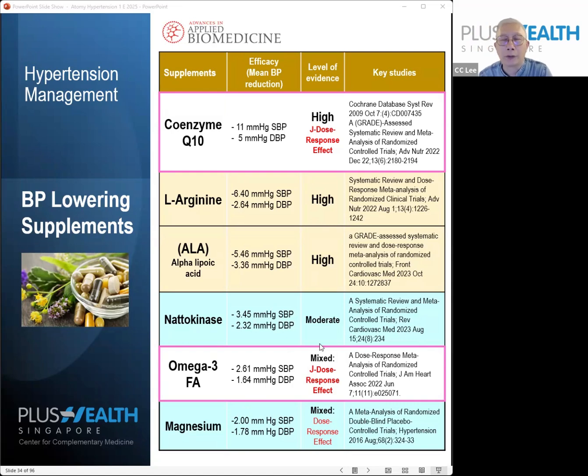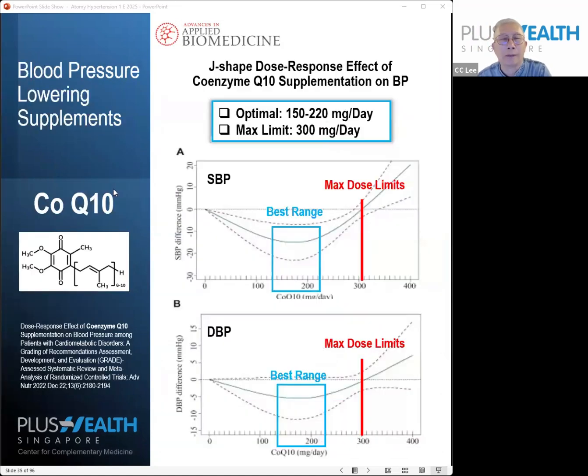All right. So let's look at coenzyme Q10. Since it's the most potent supplement, although Atomy might not have a coenzyme Q10 product, I want to make sure that when we talk about supplements for hypertension, you do not restrict yourself just because Atomy doesn't have the product.